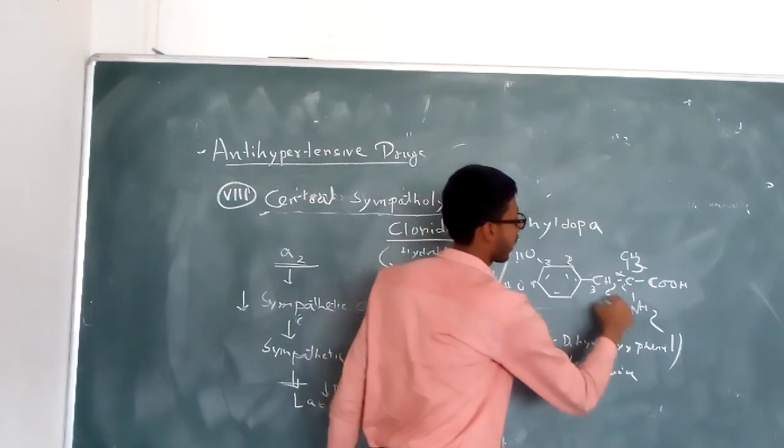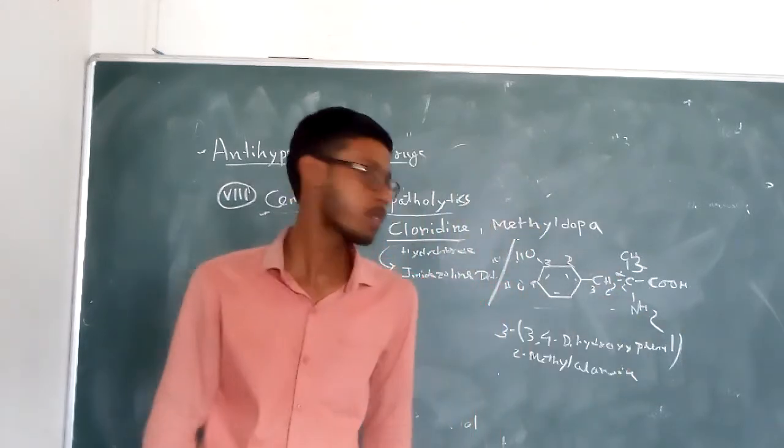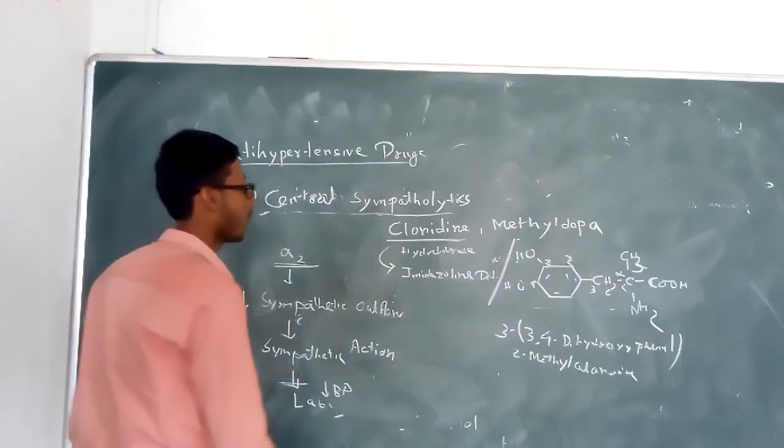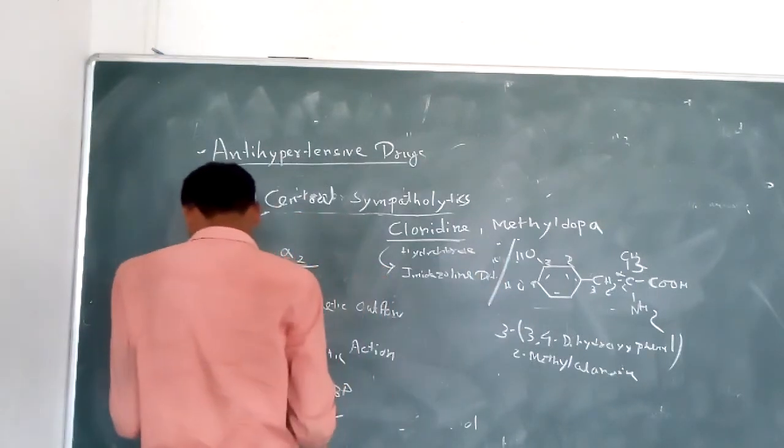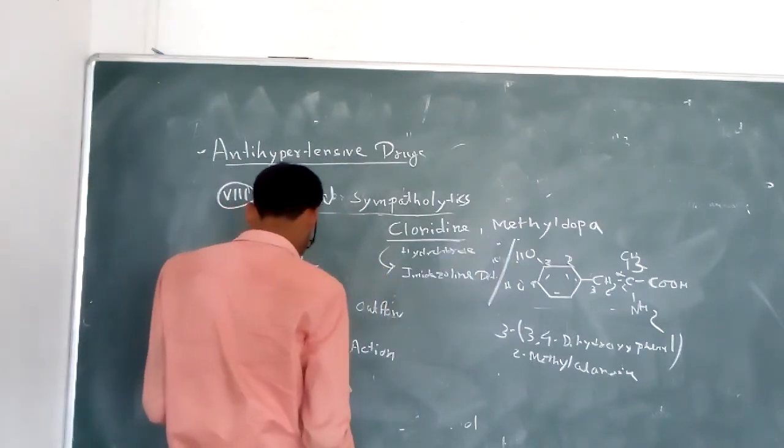This is the structure of the alanine. So the IUPAC name is covered. Alpha methyl dopa is available in the form of the hydrochloride.